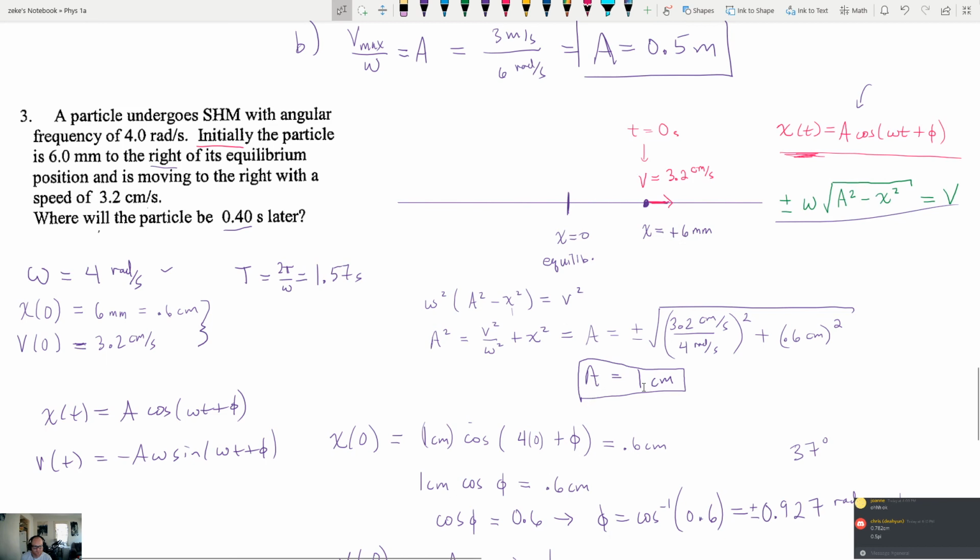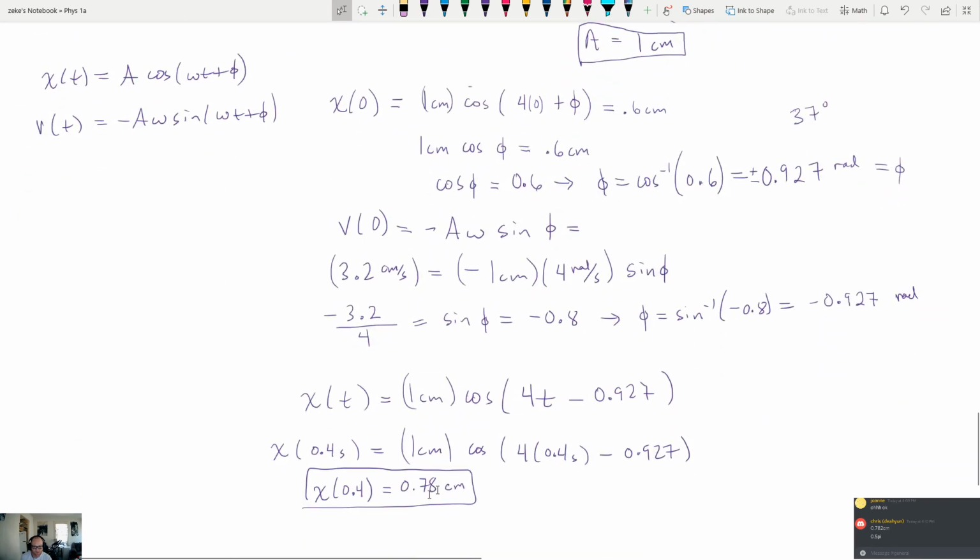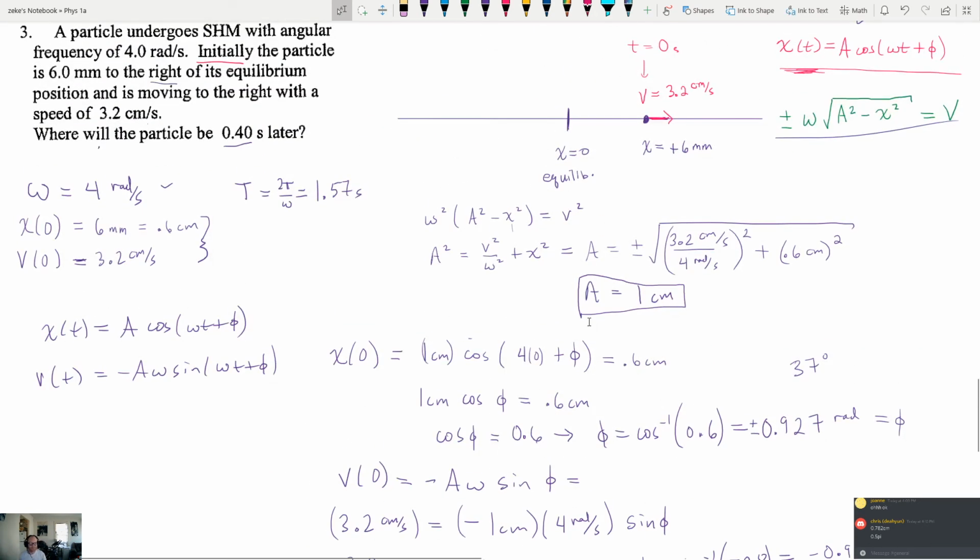The total amplitude is 1 cm. And 0.4 seconds later, it looks like it's at 0.78 centimeters. So the amplitude is somewhere over here. This is x equal to a. And at 0.4 seconds, that means it's somewhere right here.